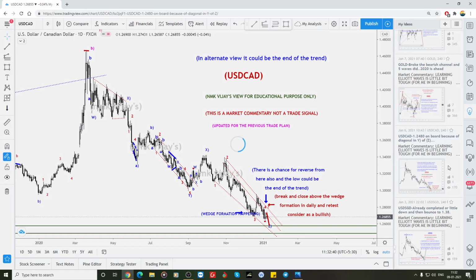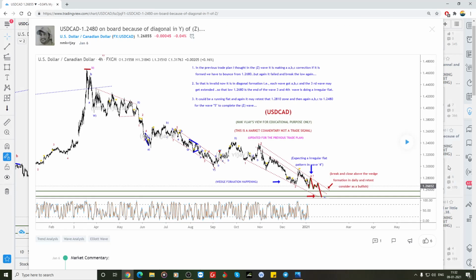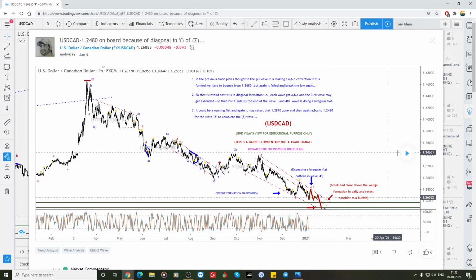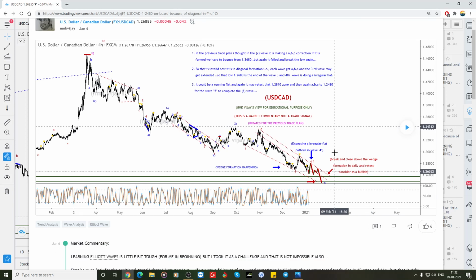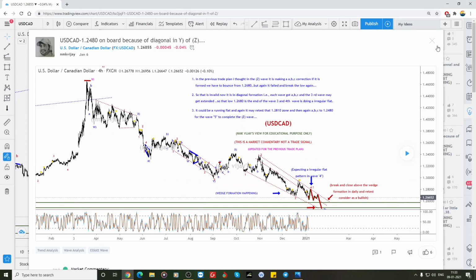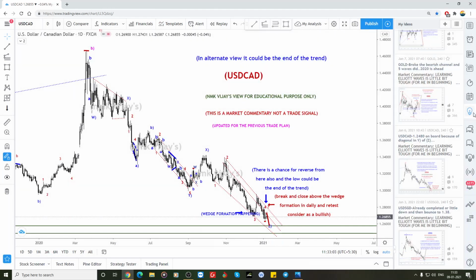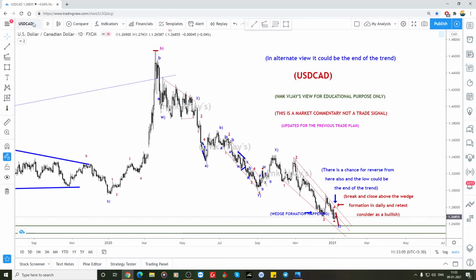Here is that. See, if it is the fourth wave, one more wave to the downside is possible up to 1.2480. I have written that. So anything is possible. So this is my view in that UCAD.